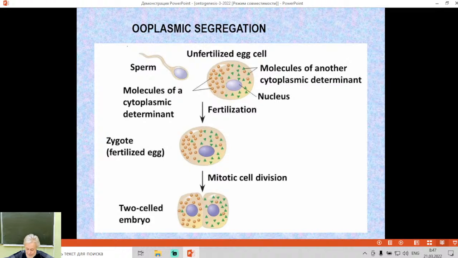In addition, cells produce chemicals and release them to the outside. They can also influence the activity of each other's genes.